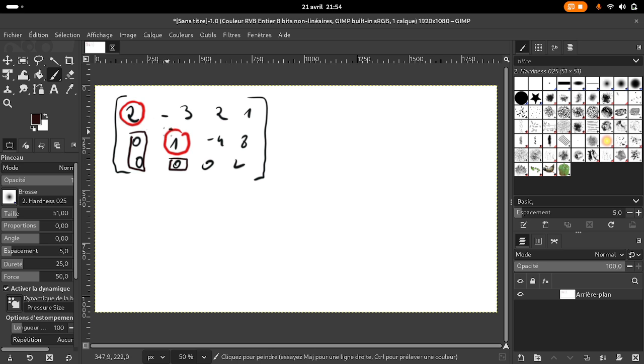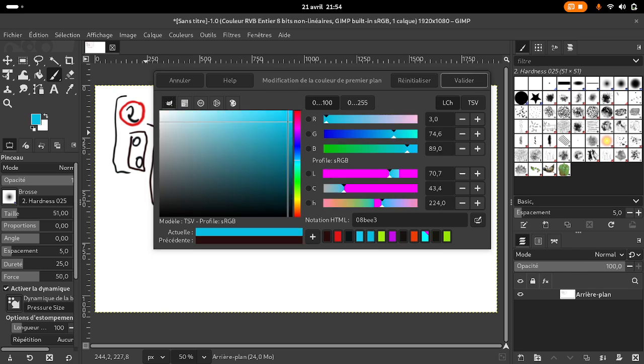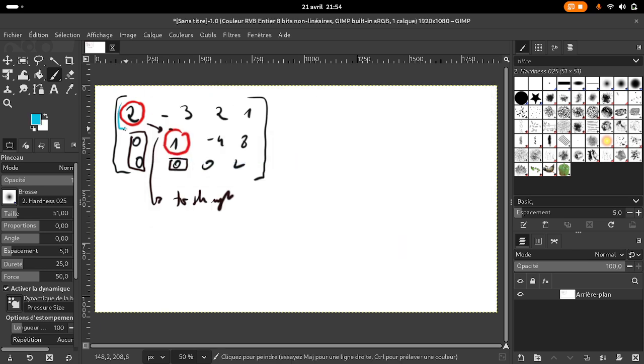Here the leading entry is to the right. One is to the right of the leading entry too. And we have our first echelon form.